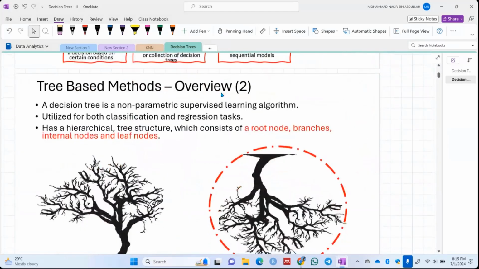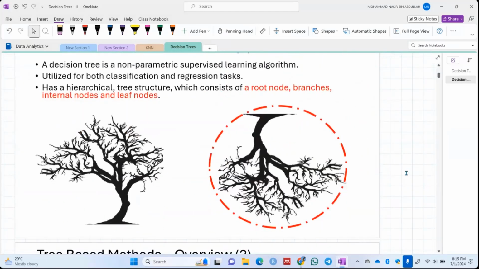So now, as I said just now, decision tree is a non-parametric supervised learning algorithm. It means that it can cater for classification and regression tasks. So what is parametric supervised machine learning?